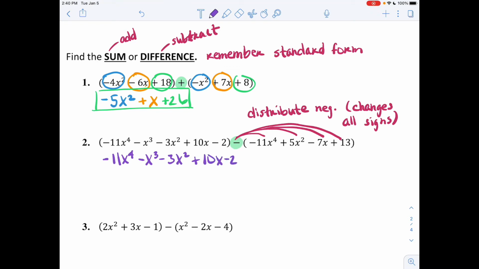Now this is where I need to change things up. Because of the negative out here in front, I'm going to be multiplying that negative times the negative 11. That's going to give me a positive 11x to the 4th, continuing on a negative 5x squared, positive 7x, and negative 13. And now I'm ready to go ahead and combine my like terms.